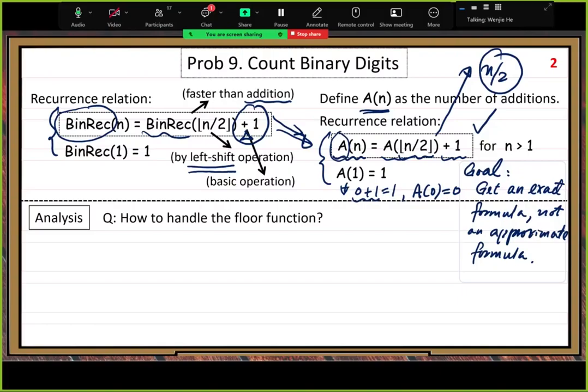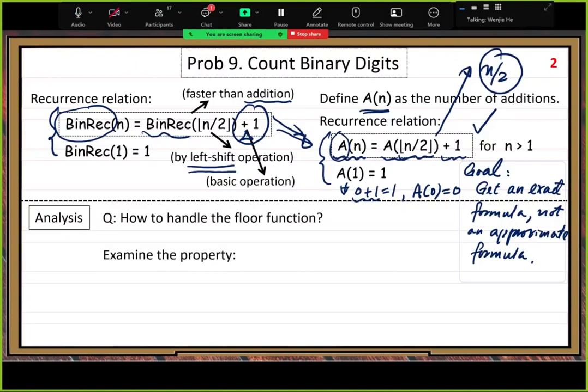For an exact formula, you cannot drop anything. You cannot drop any tiny, small, little amount. So that makes the solution much harder. All right, so here we need to work on that exact solution.